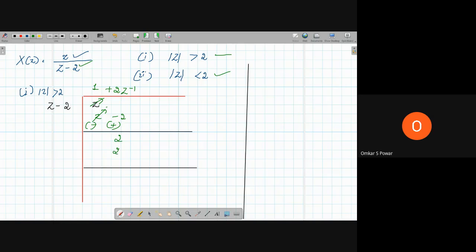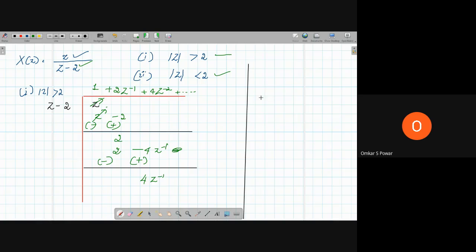So it is 2 minus 4z to the power of minus 1. Again change the sign, so here you have to get 4z to the power of minus 1. So what do you have to multiply? Plus 4z to the power of minus 2.